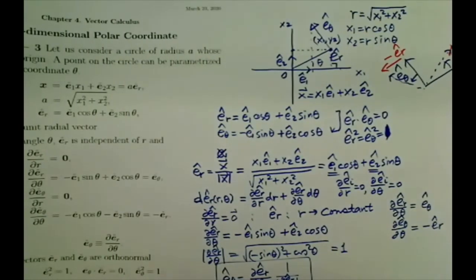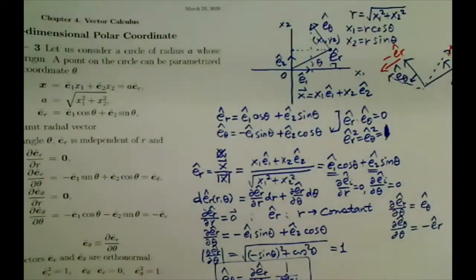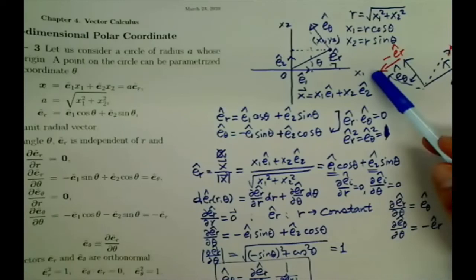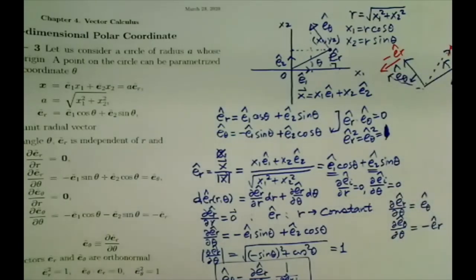You need to master how to compute the components in the two-dimensional polar coordinates, and you need to know how the unit vectors vary in the polar coordinates. So the angle dependence of E_r is tangent, and the angle dependence of E_theta is minus the radial direction.